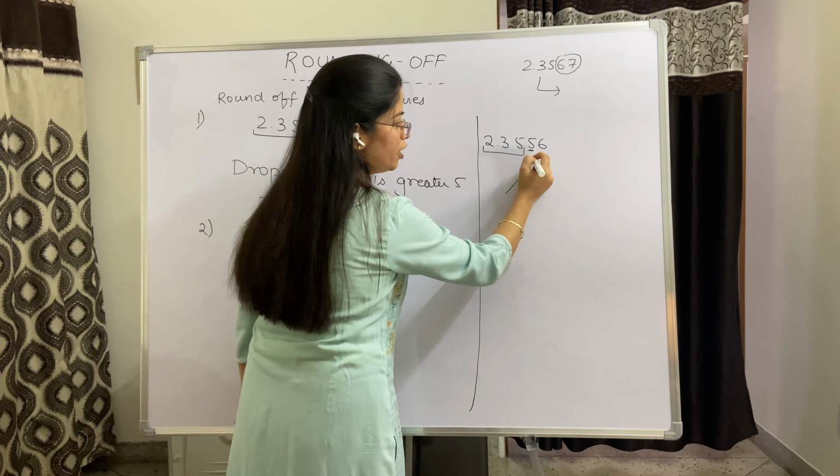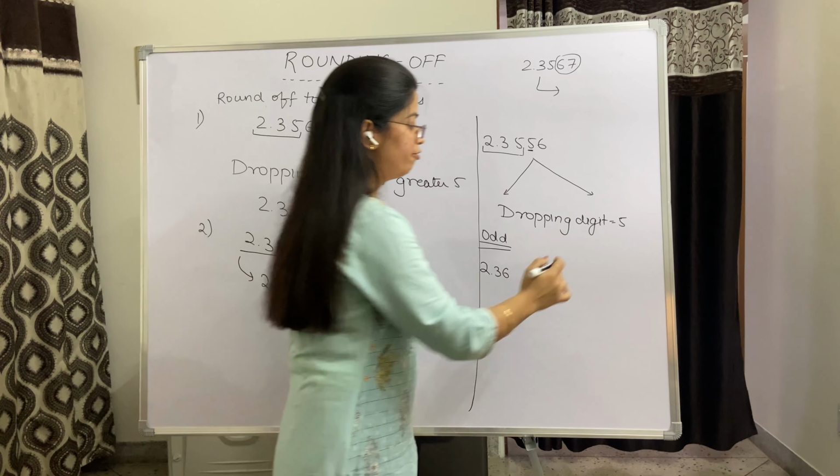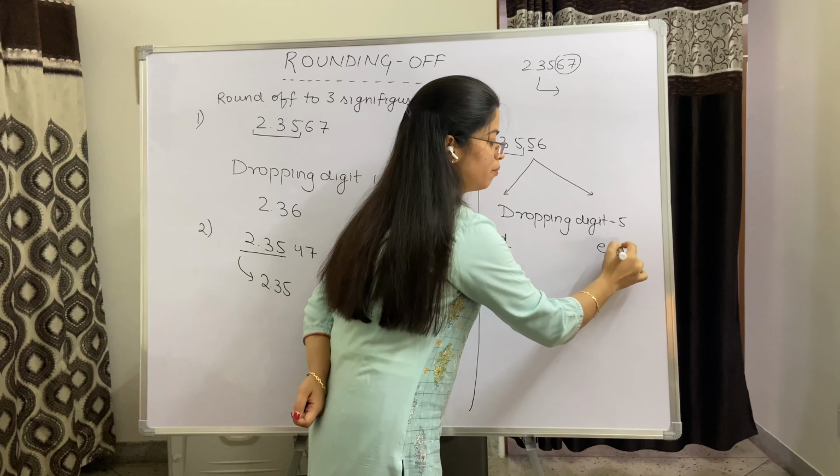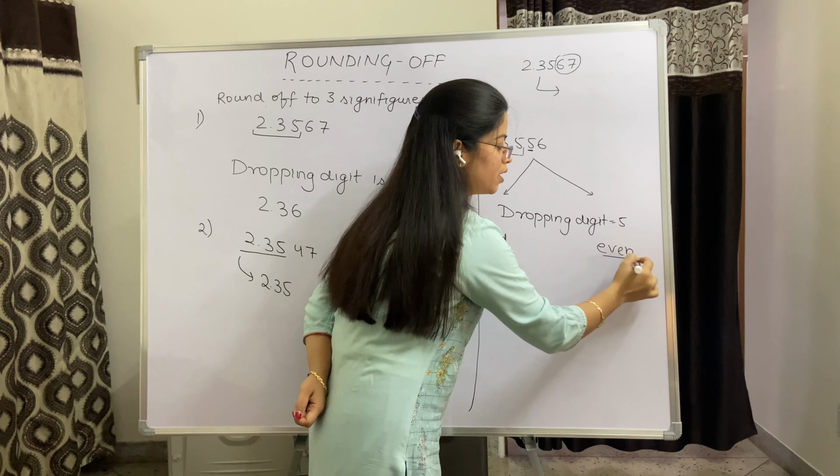If the preceding number is odd, like 1, 3, 5, 7, then we'll increase the preceding number by 1. Like in this case, we have 5, which is an odd number. So we'll write it as 2.36. But if that preceding number is even, the number will remain same.